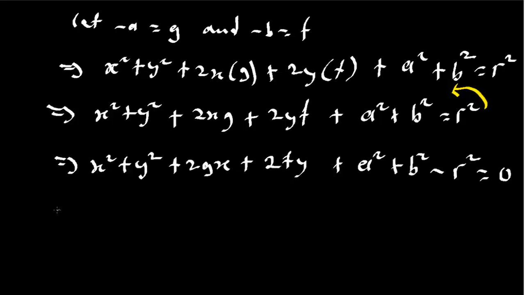Once you get there, note that the a that we have here is going to be a number which will be given to you, like the center. This is one of the coordinates of the center of the circle.